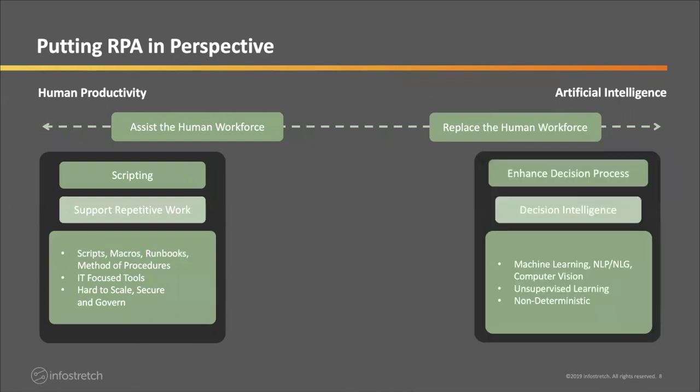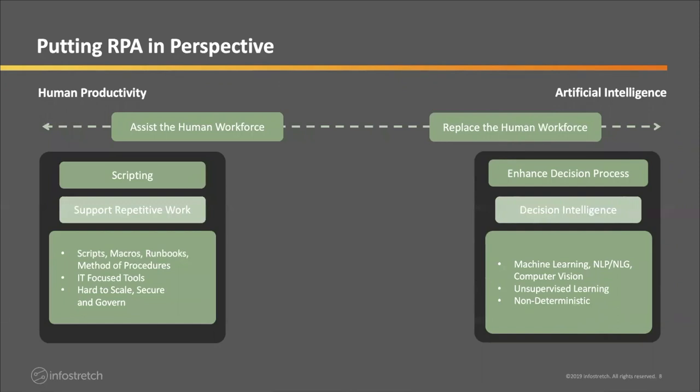On the other hand, artificial intelligence, the nirvana that everybody wants to live in, yes, we would like to create that decision intelligence at some point of time, which is driven by machine learning, natural language processing, natural language generation, computer vision.